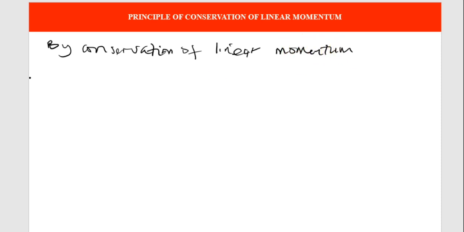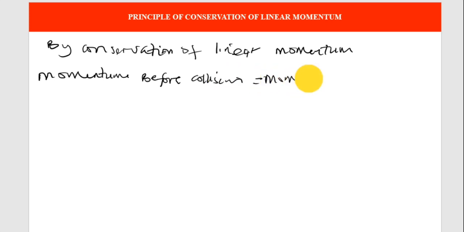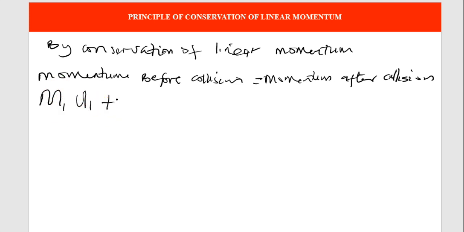Momentum before collision is equal to momentum after collision. So we have m1 u1 plus m2 u2 to be equal to m1 v1 plus m2 v2.